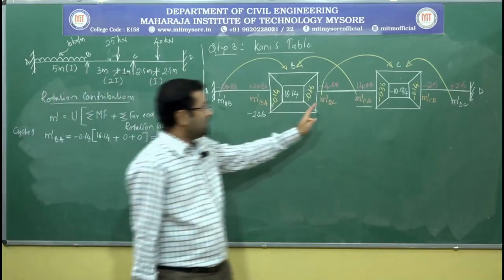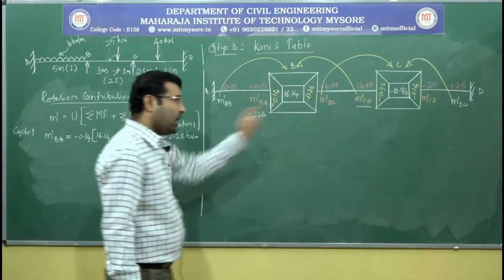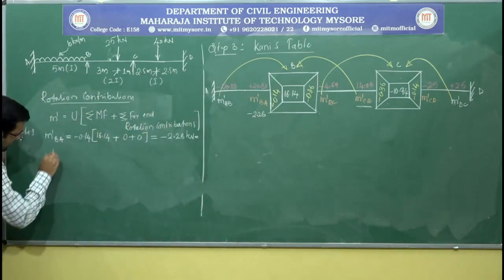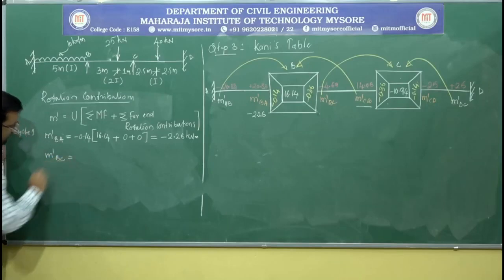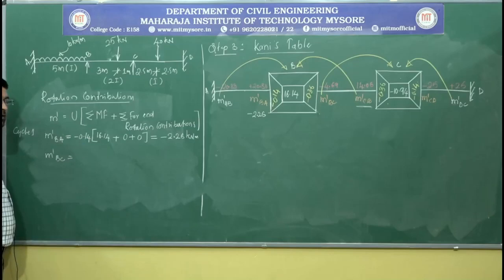Similarly, we need to work out M dash BC, M dash CB and M dash CD. All are exactly same. Now see here, M dash BC. Now to calculate M dash BC, again I will use the same formula, that is rotation factor.